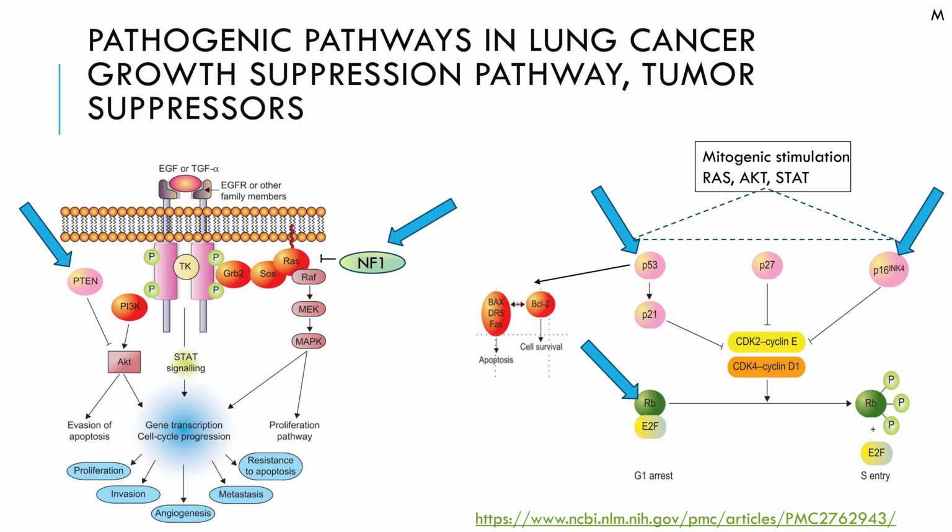So you have to move either upstream of that or downstream of that. With this picture on the screen, for example, moving downstream, you can look at the CDK2, CDK4 inhibitors, because they're in line and downstream from P53.